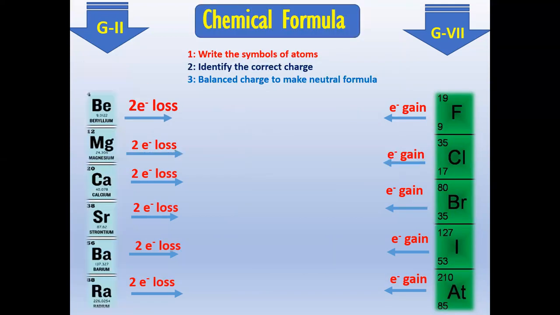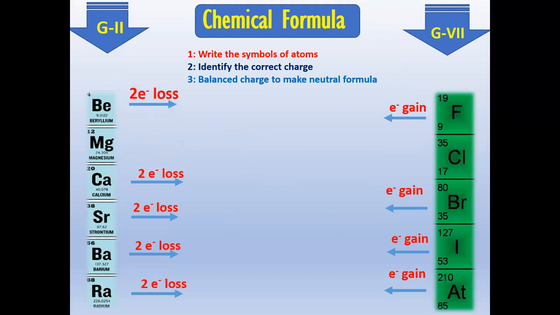We're going to take another example from group 2. In group 2 of the periodic table, all atoms contain 2 extra electrons in their outermost shell, and they will lose their 2 extra electrons, while group 7 atoms, which have 7 electrons, gain 1 electron.